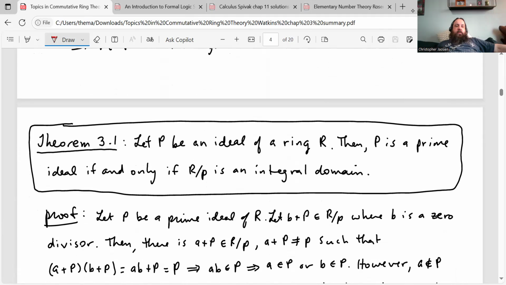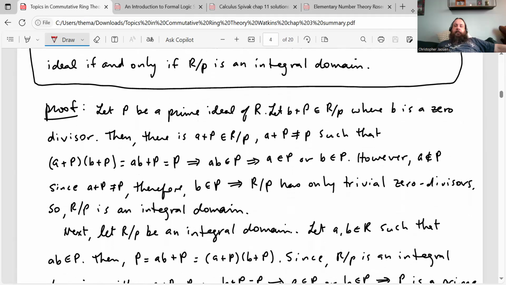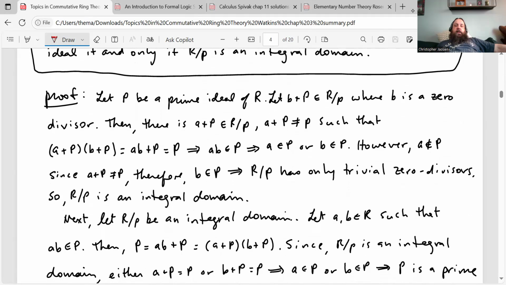And then we get to theorem 3.1. Let P be an ideal of a ring R, then P is a prime ideal if and only if R mod P is an integral domain. Right? Here's my proof. Let P be a prime ideal of R, and let b + P be an element of R mod P, where b is a zero divisor.